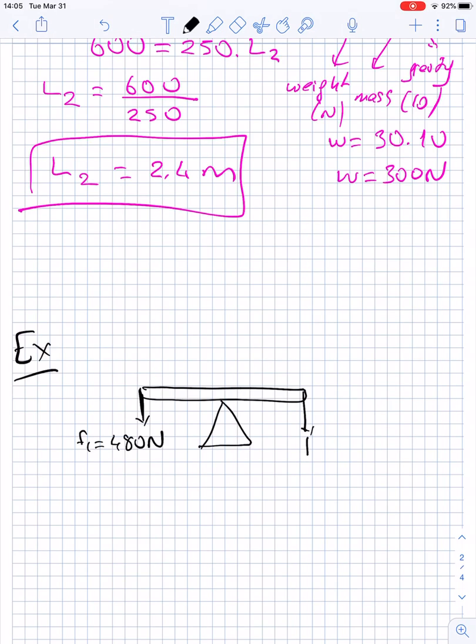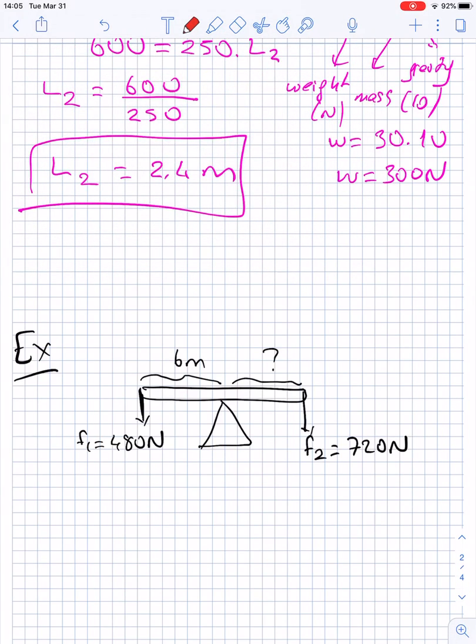Second side, F2 is equal to 720 Newtons. And the distance between the force and pivot, how much? It is 6 meters. But between the pivot and second force, we don't know, I am asking.